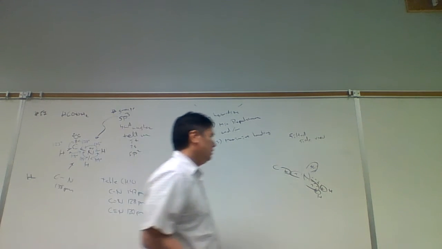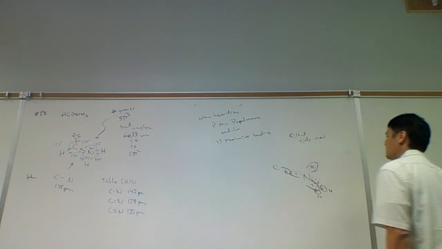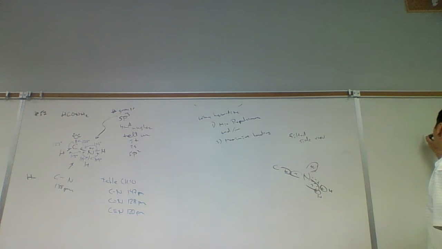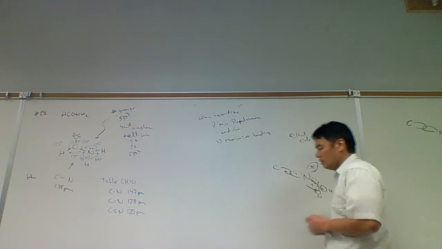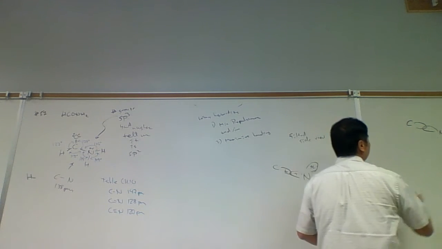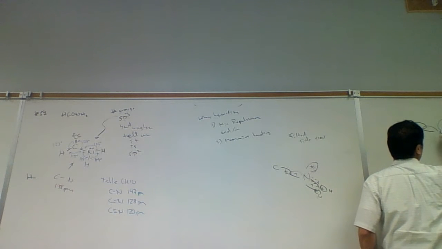But if I have the nitrogen as sp2, let's do that here, again as a tilted side view. If I have the nitrogen as sp2, it's going to look like this. So let's draw this sp2 coming out, this sp2 going in. That means there's going to be a p orbital here.